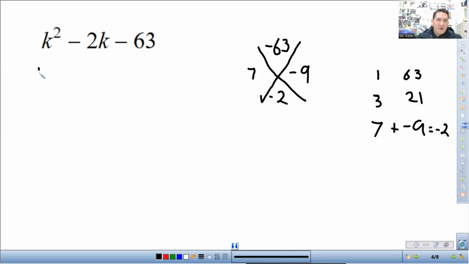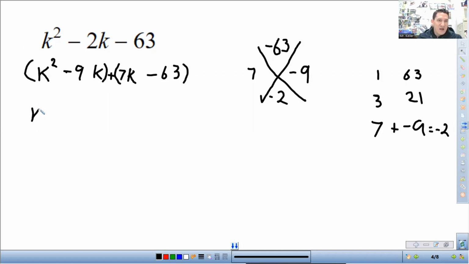All right. So k squared. Again, I'm going to split up the negative 2k. I'm actually going to put the minus 9 first. Minus 9k plus 7k. And then bring down that minus 63. Group the first two terms together, last two terms together.